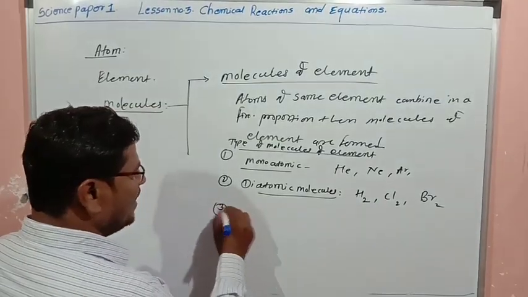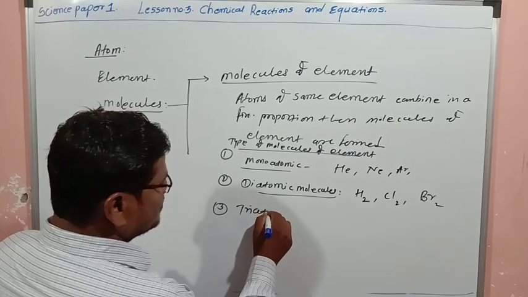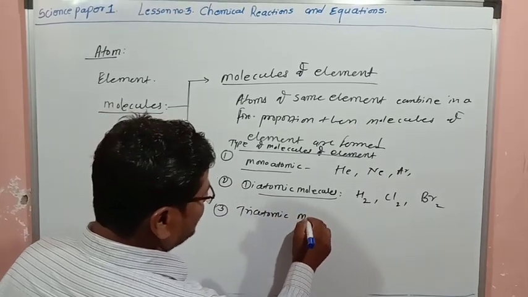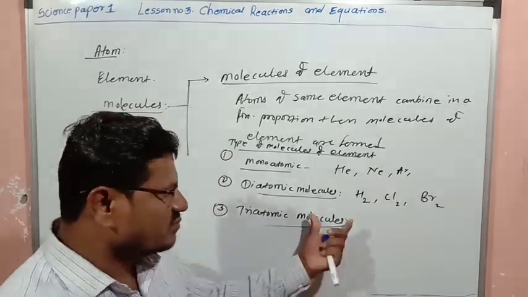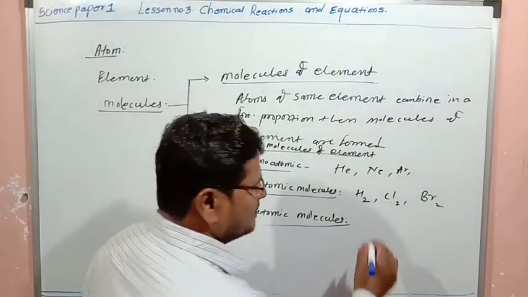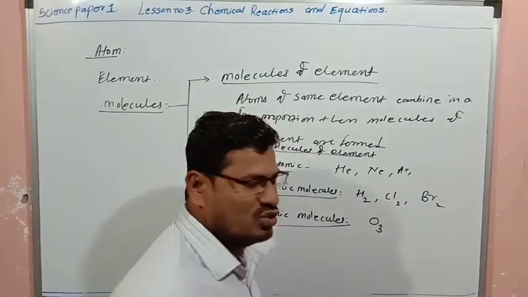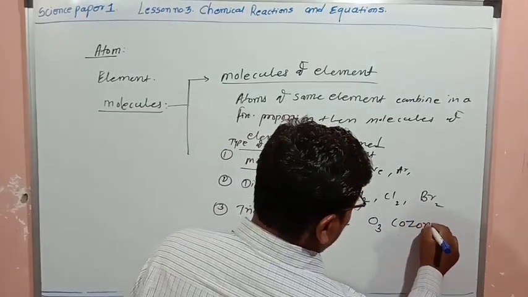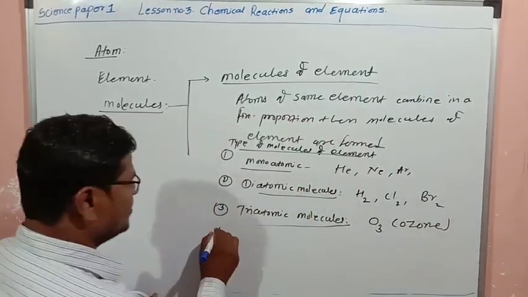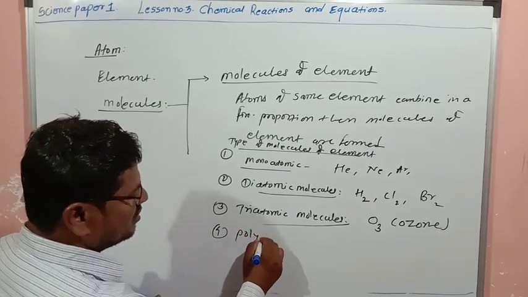Next one is the triatomic molecules. Example is O3, that is ozone. The fourth one is polyatomic molecules.